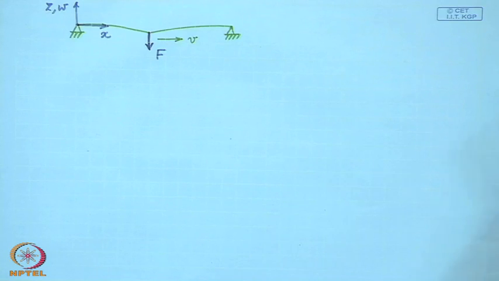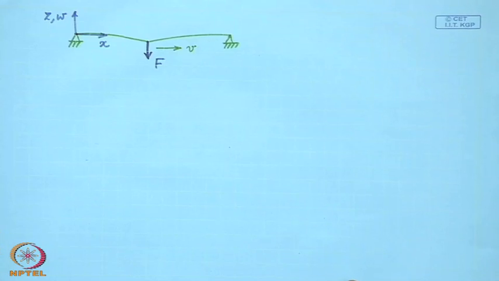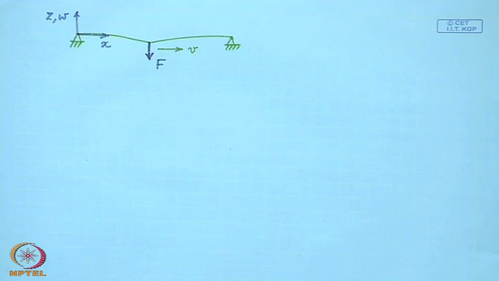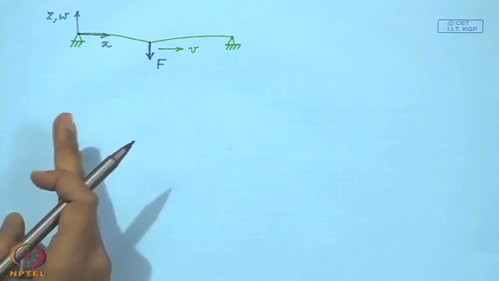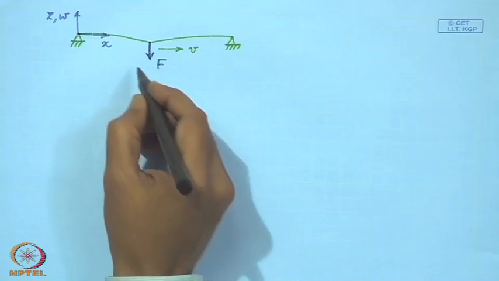So, if you have this situation, the force, concentrated force, is moving at a constant speed v on the string.